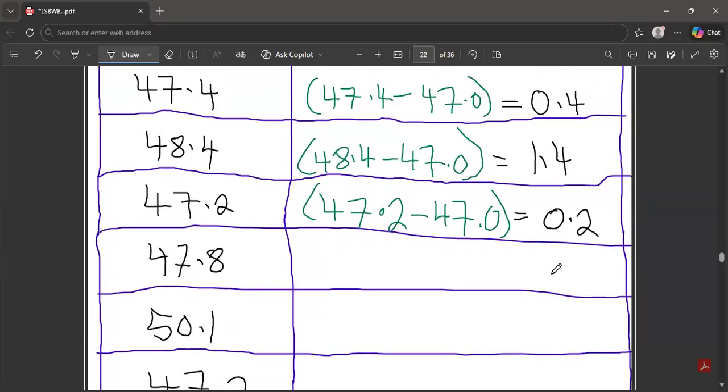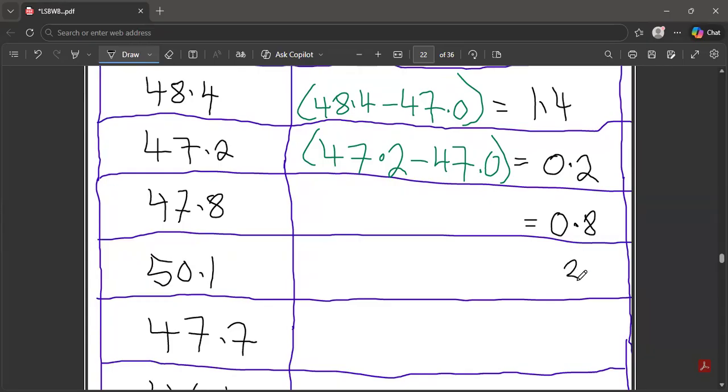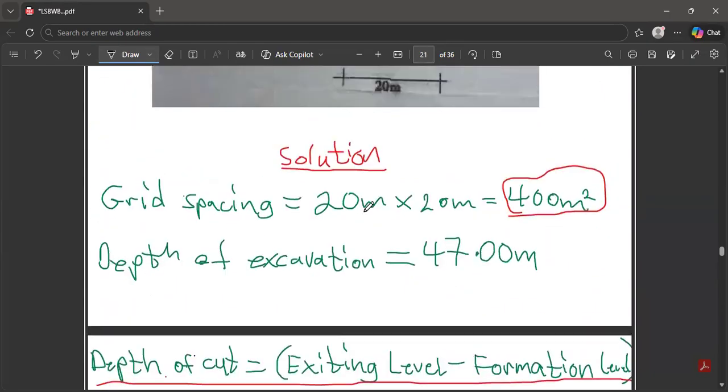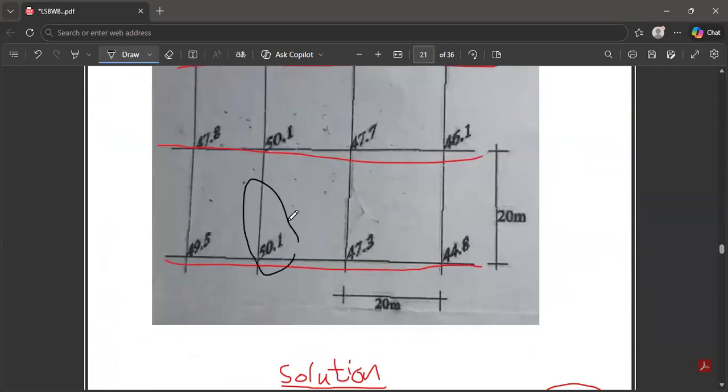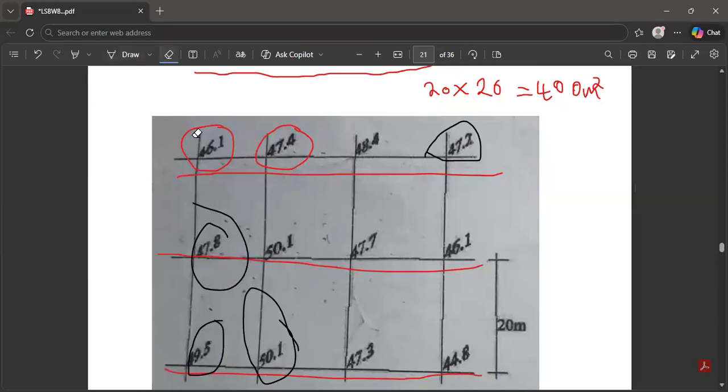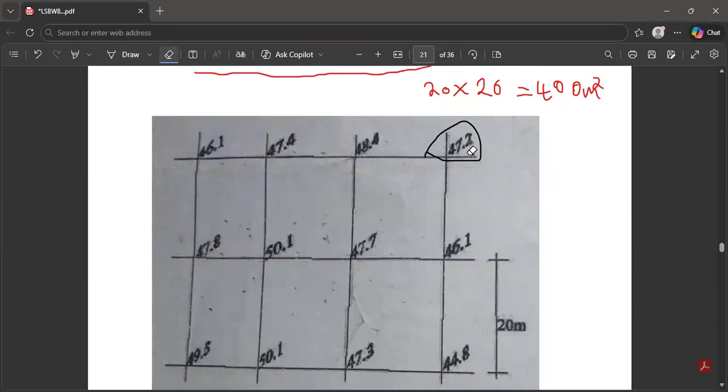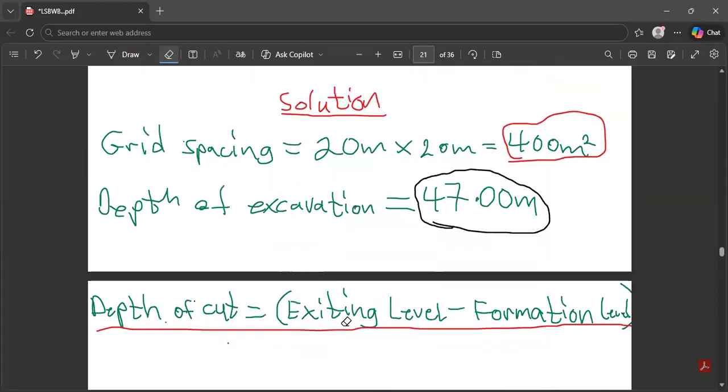You're going to get 0.8. After that, I'm going to get 3.1 over here. It's the same, you'll be subtracting the 47.0, and this is where the 47.0 came from, all your grade points. You're subtracting it from all these grade points. So it's not anything foreign, there's nothing new, but still the same thing we have been playing with.